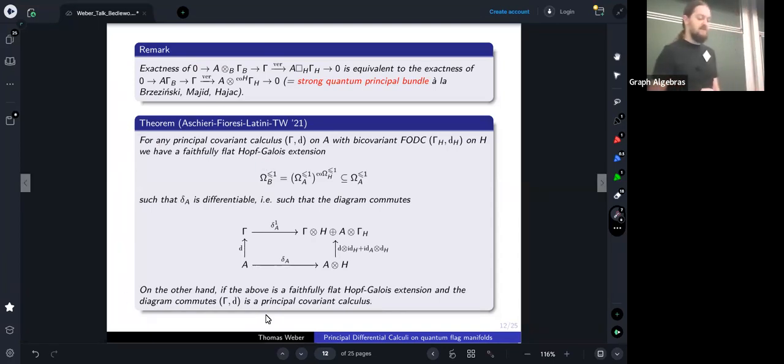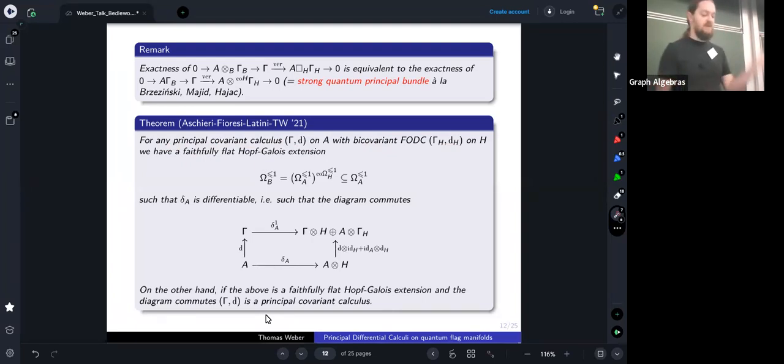Okay, but as far as I know, we were the first to prove this theorem here. So this is kind of the first question that I was hinting at on my first slide. So we have this theorem here. Take a principal covariant calculus on A with a bi-covariant calculus on H. And then you get a faithfully flat Hopf-Galois extension of graded algebras. Here the smaller or equal 1 means this is truncated in degree 2.